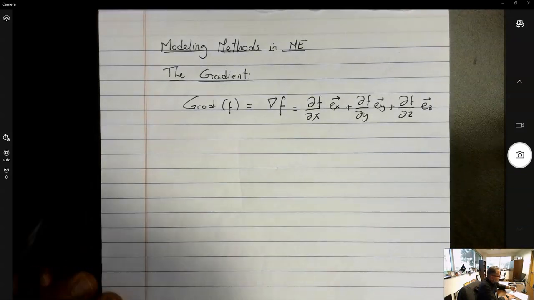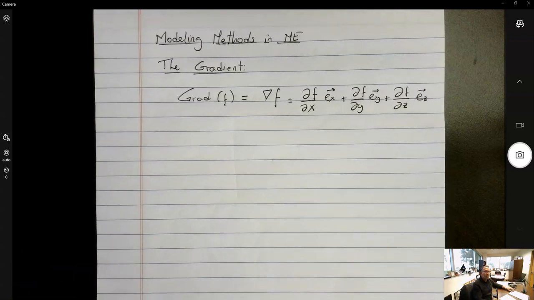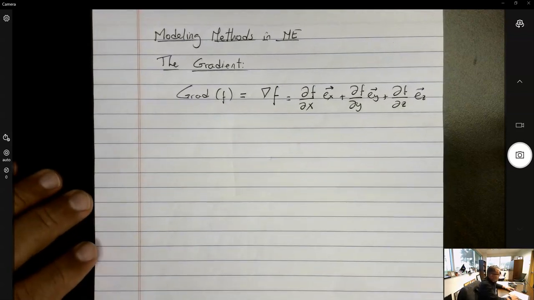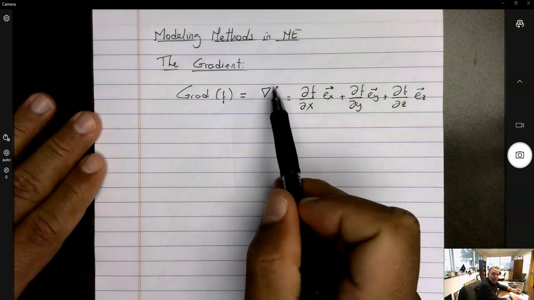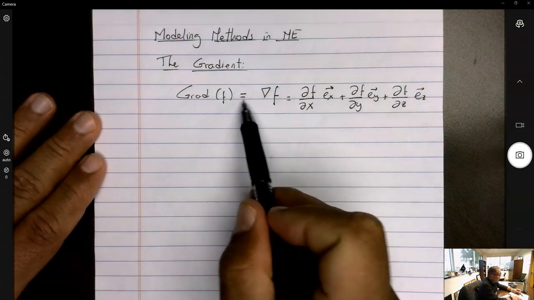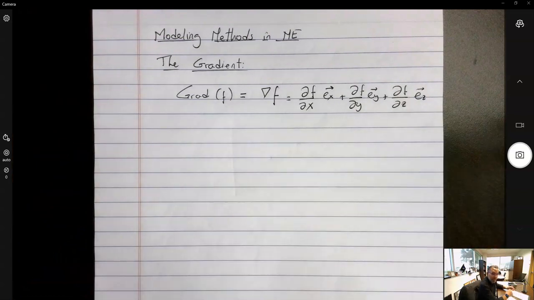Okay, now in follow-up lectures we'll see that we can extend this to another order, and if the field function f is actually a vector, then the gradient operation will turn it into a tensor, but that's a little bit more advanced.